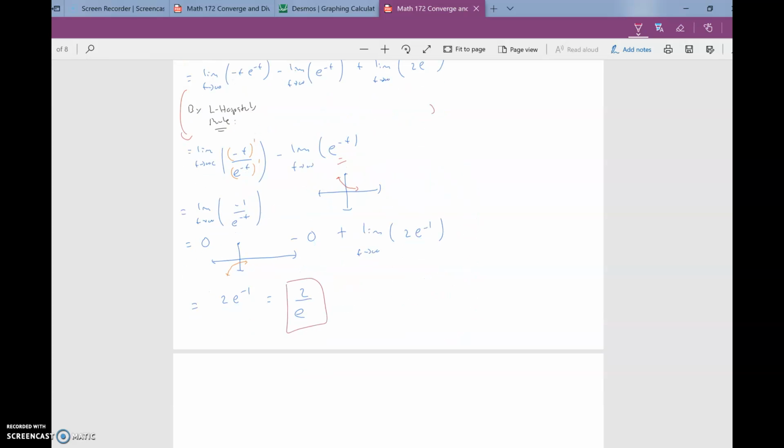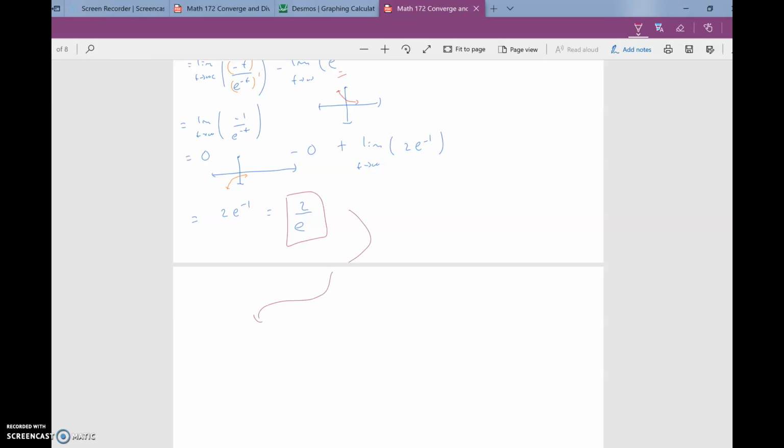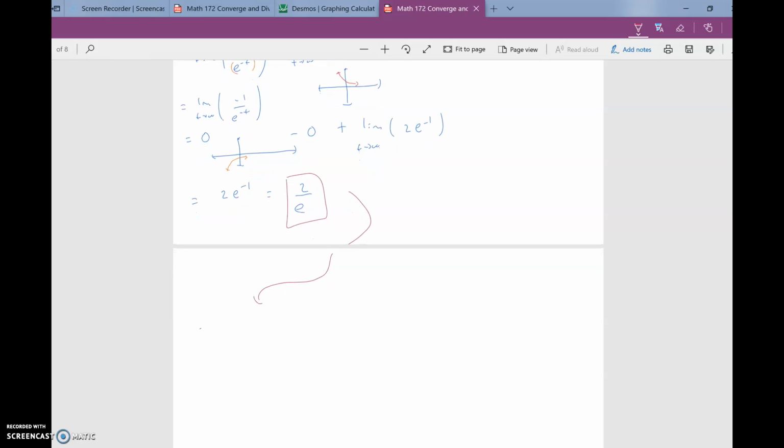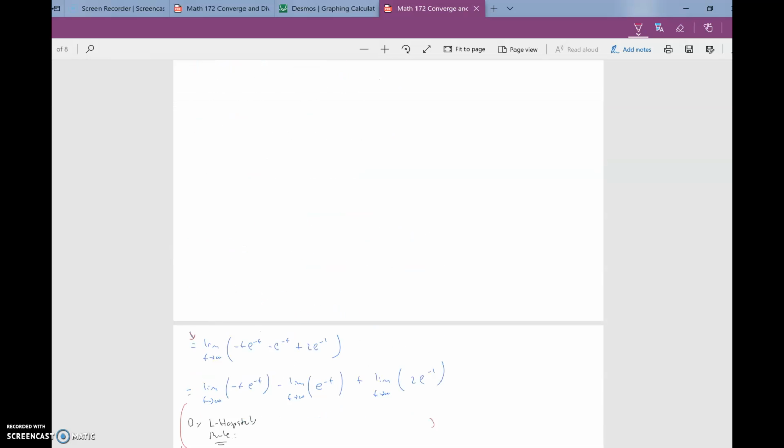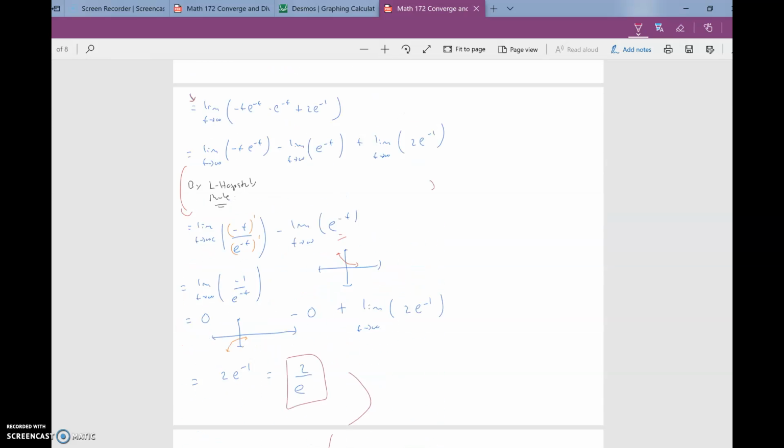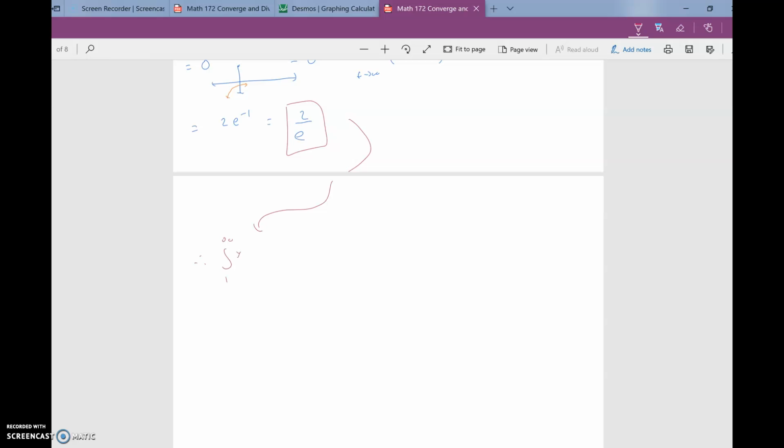And then let me actually take it to the next page. So we can actually conclude on this one that the integral from 1 to infinity of, and the problem was, x over e to the x, dx is equal to 2 over e, which actually means that in this case the series from n equals 1 to infinity of n over e to the n actually converges.